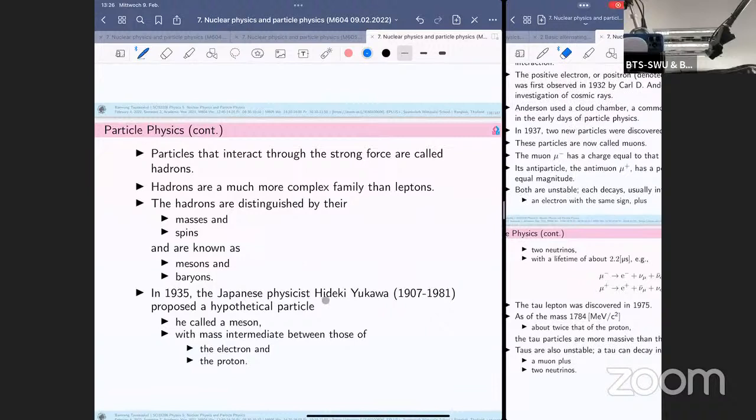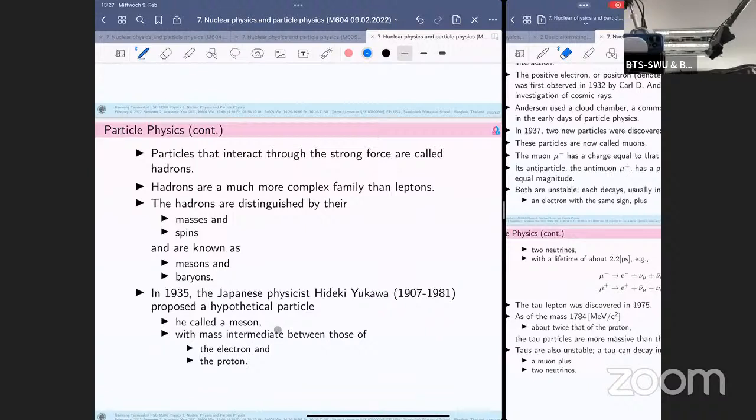The Japanese physicist Hideki Yukawa, from 1907 to 1981, proposed a hypothetical particle he called Meson, but he didn't find it in experiment yet at that time.